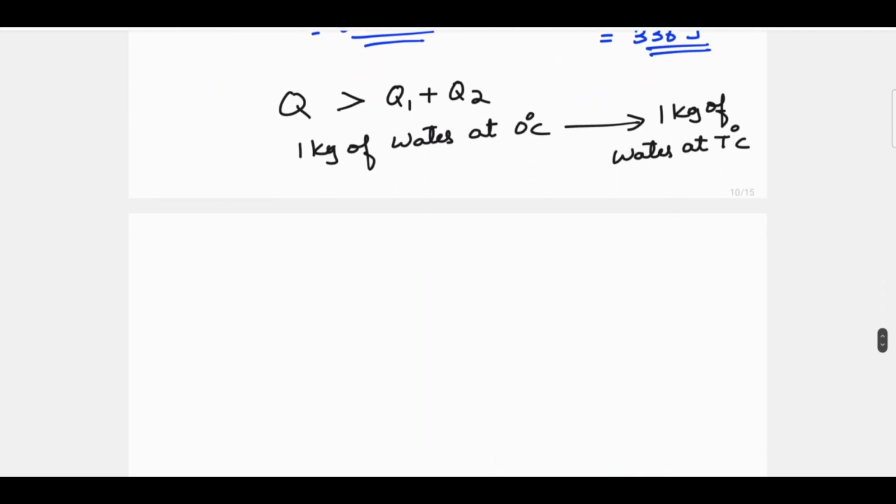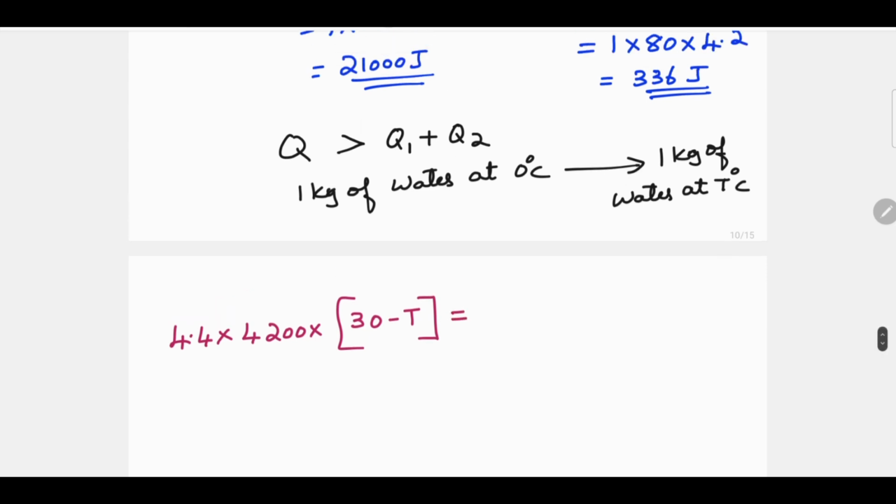So we can write like this. 4.4 into 4200 into 30 minus T, because the final temperature is going to be T. So 4.4 into 4200 into 30 minus T is equal to our Q1 plus Q2. Q1 is 21,000 joules plus Q2 is 336, plus 1 kilogram of water at 0 degrees Celsius will change to 1 kilogram of water at T degrees Celsius.